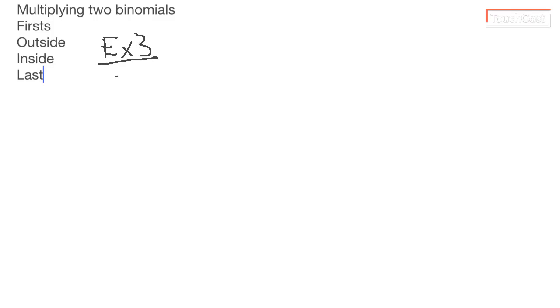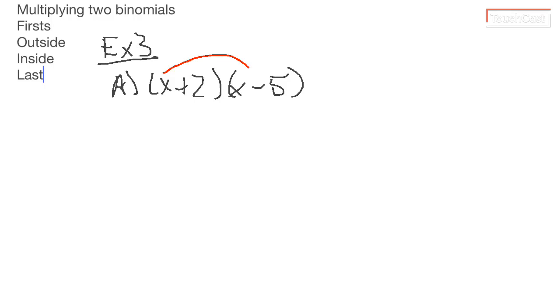We're going to take x plus 2 and we're going to multiply it by x minus 5. So here in red, that is our F part of the FOIL method. We're going to go x times x. Plus, we take our outside terms here in blue.